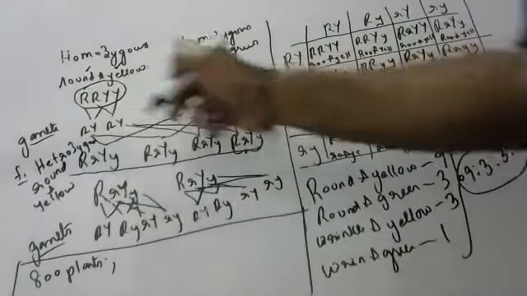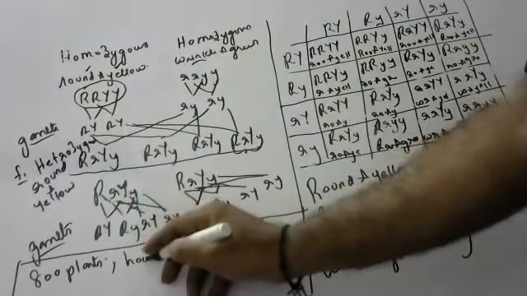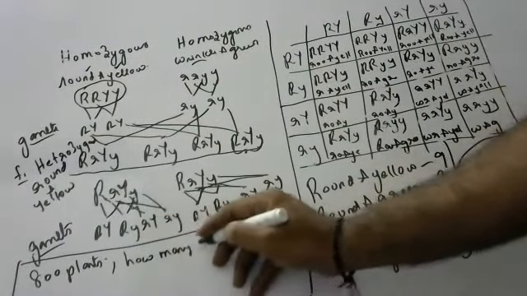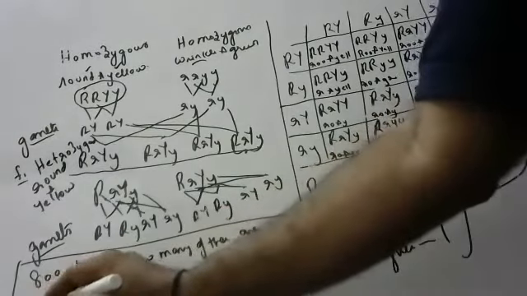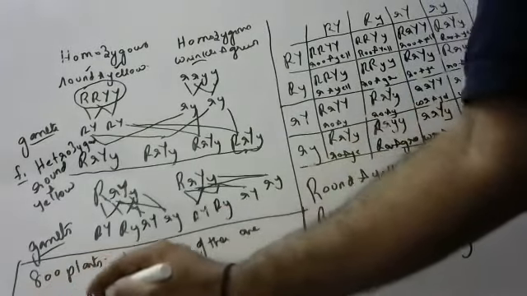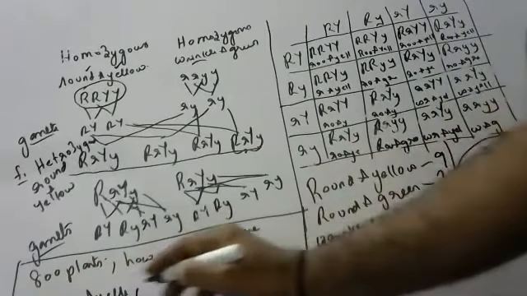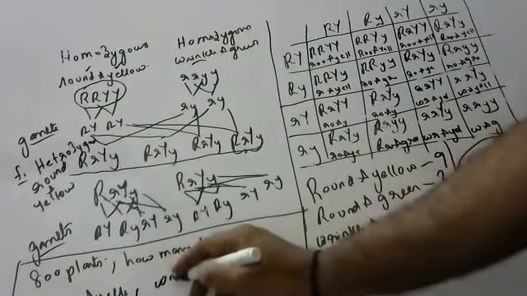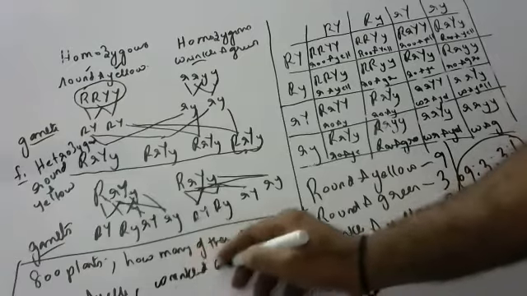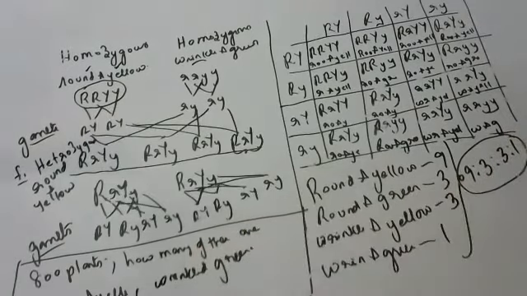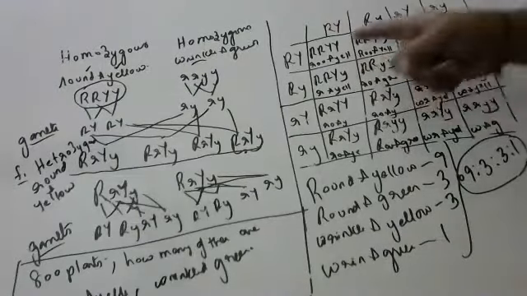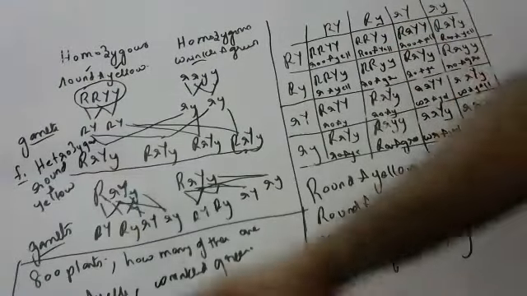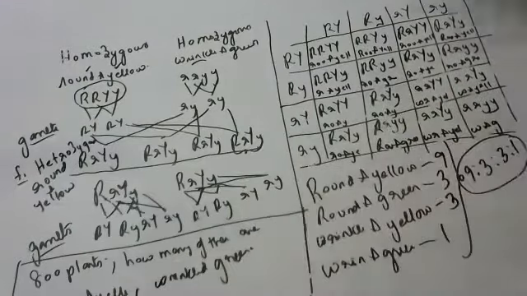Out of round and yellow, how many of them are wrinkled and yellow? Number 1. Number 2, how many of them are wrinkled and green? This is the question. Out of 800 plants, here we got 16. But if you get 800, how many of them will be wrinkled yellow? How many of them will be wrinkled green? This was the question.